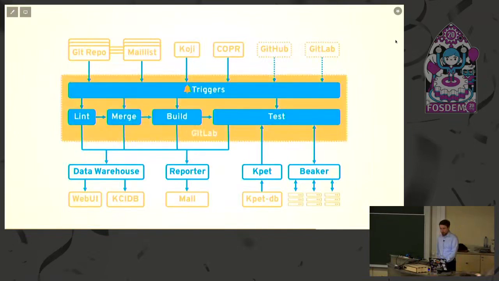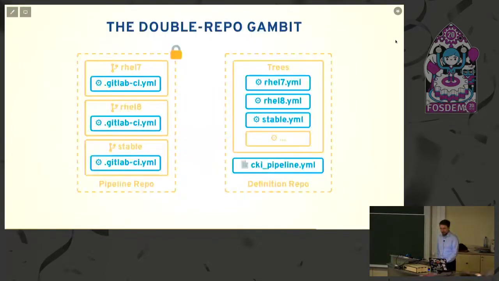So finally, the interesting part. It took a little while. We store our CI pipeline inside YAML, but we store it in separate repos because of the way we trigger those. To trigger GitLab, we're actually doing commits to the repo, and I'll show that in a moment.